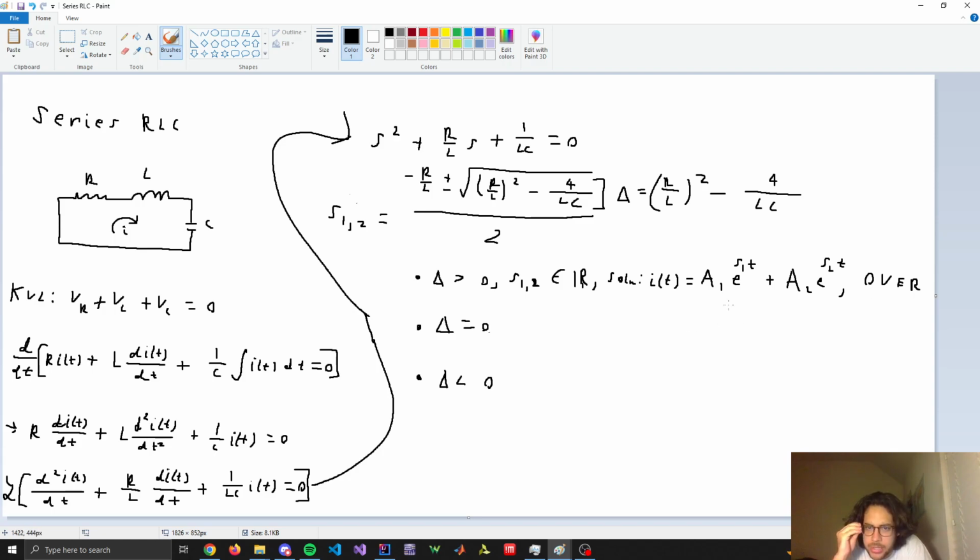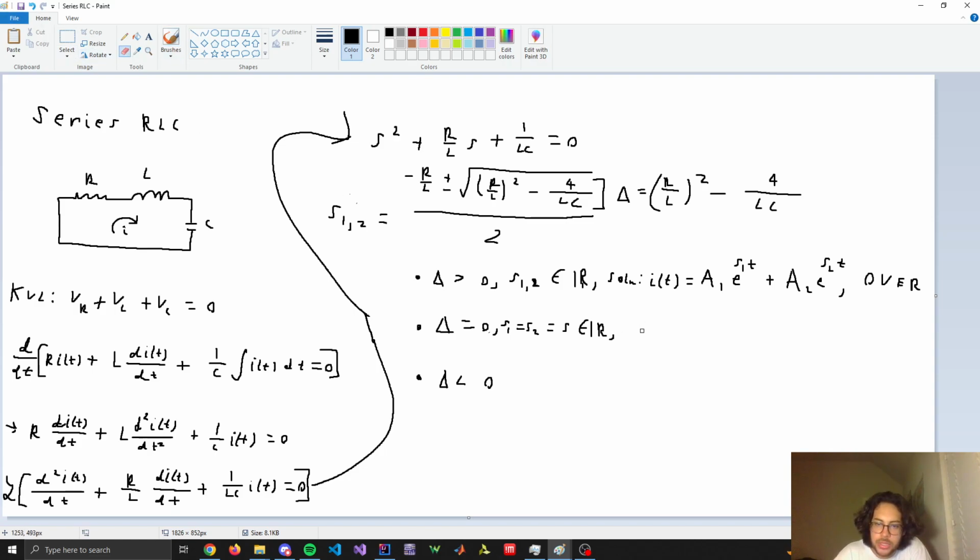So the second case is when the discriminant equals 0. When the discriminant equals 0, our roots will be equal to each other. We're just going to have one real root. So s1 equals s2. I'll just call that s because it's really just a single root, belongs to the real numbers. And the solution, let me rewrite that, it's a little bit messy, sorry.